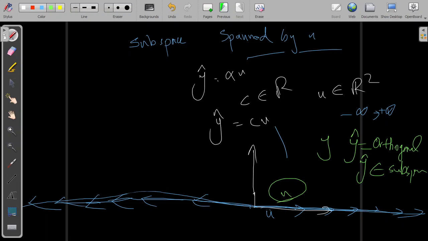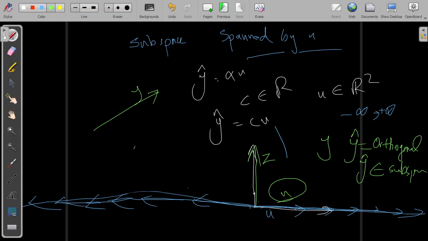any vector y can be resolved into two vectors. One vector will be a vector in the subspace spanned by u, and the other component of that vector y will be perpendicular to that subspace, which is spanned by u.